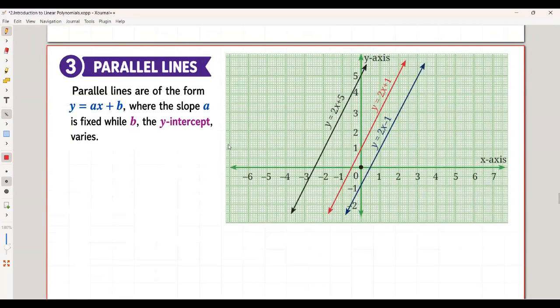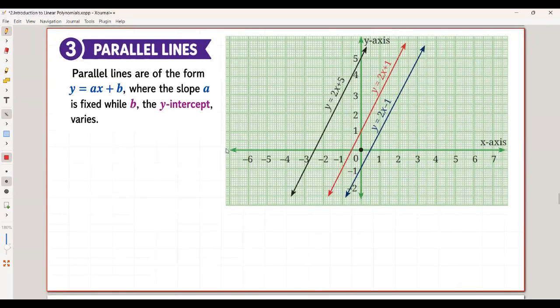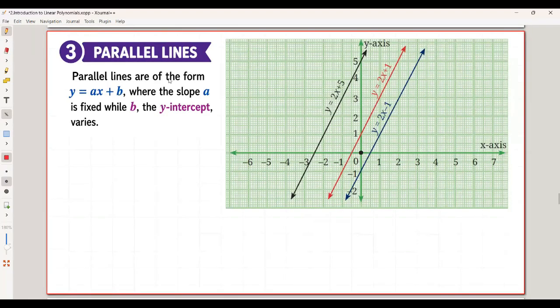So the third condition is parallel lines. Parallel lines are in the form y is equal to ax plus b, where the slope a is fixed. First case we learned: a is greater than 0, that is linear growth. a is less than 0, linear decay. If a is fixed, you will get parallel lines.